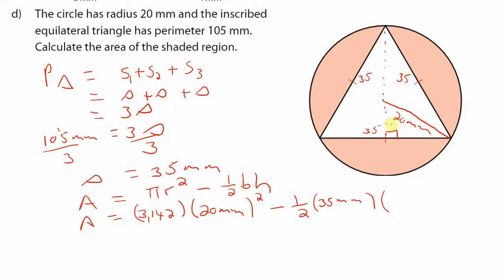Since this is an equilateral triangle, this will cut the base into equal parts. So we know that one part is 35 divided by 2, which is 17,5 millimeter. So we have 35, we have 17,5.